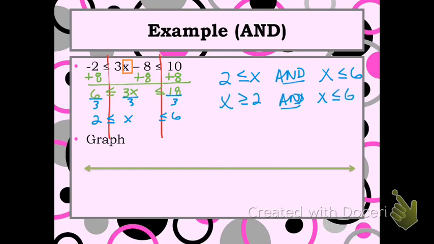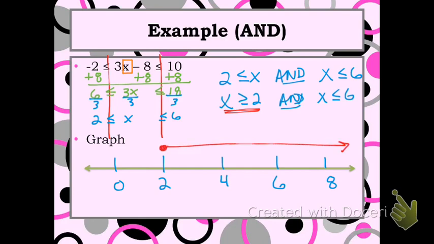So for our graph, we need the 2 and the 6, as well as something in between and on each side. Remember, we're going to graph them separately. So x is greater than or equal to 2 would look like this. X is less than or equal to 6 would look like this.